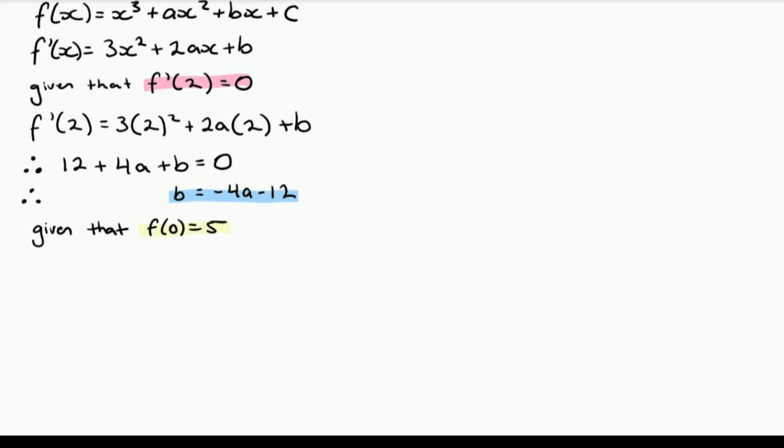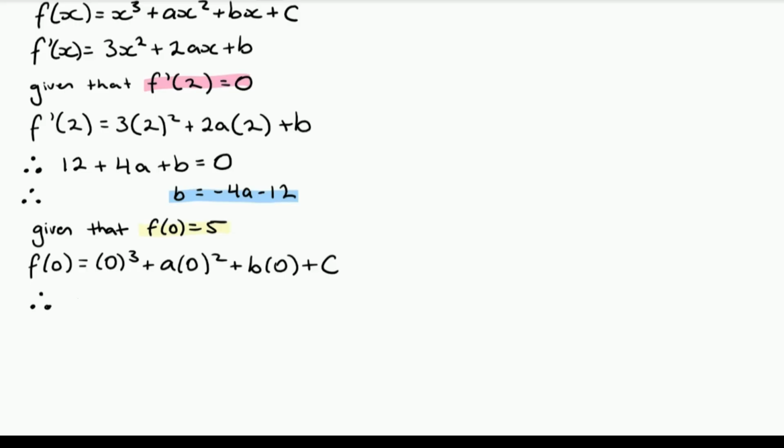So plugging that into my original equation, I'm going to have f of 0 is equal to 0 cubed plus a times 0 squared plus b times 0 plus c. And I know that this is equal to 5.